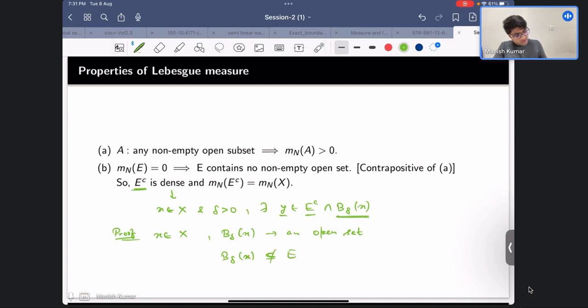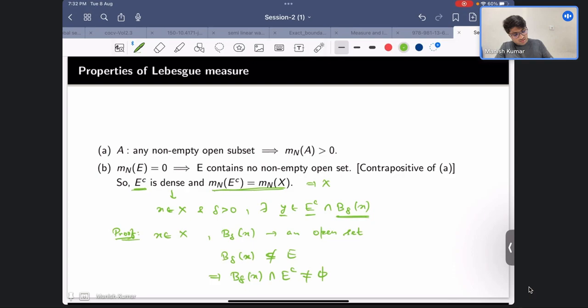It means there is some element in B delta X which is not in E, that is, in E complement. So this implies the intersection is non-empty.